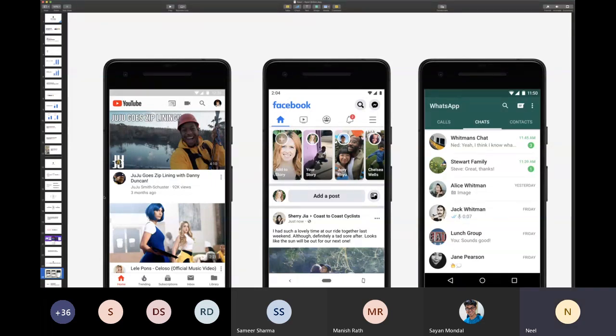Same is the story with Facebook, and I already showed you an example of the kind of engagement that WhatsApp gets from India. So what we need to understand from here is that a company like Google is nowhere in the picture. A lot of people in India know that you can ask Google for answers, but they don't know how to do it.